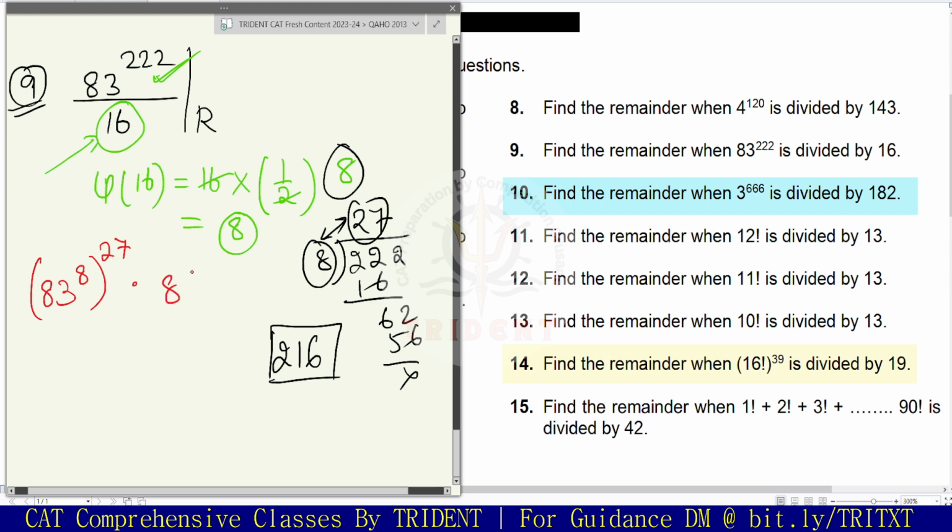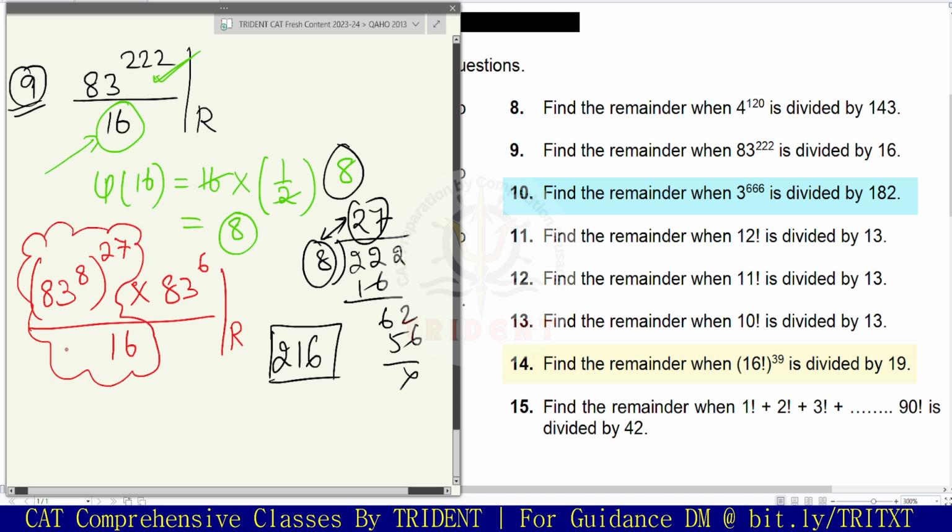That is 83 raised to the power 6. Okay, I hope that makes sense. Divided by 16, this is the remainder, with a multiplication sign over there. Now Euler's remainder theorem says that this part, the remainder, will come out to be 1. All I need to worry about is this 83. Now let's see how I can manipulate this 83.